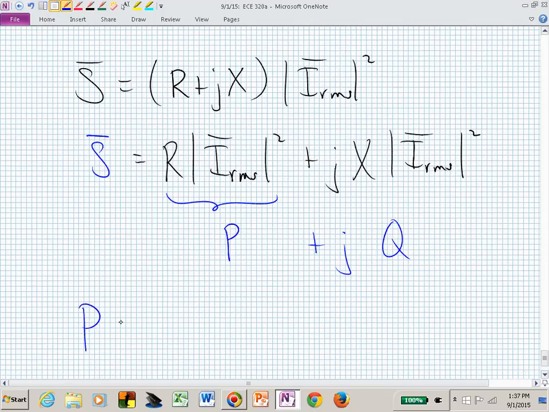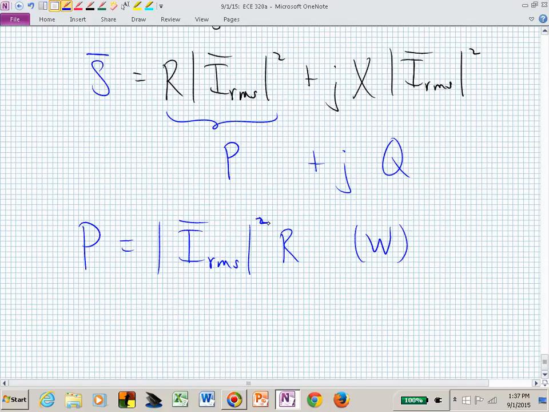So that P, in terms of current: if you know the current going through a resistor, you can just take the magnitude of that current, square it, and multiply it by the resistance, and you now have the real power of that resistor, or that load. If it's a generic impedance, you just need to take the real part of that impedance.